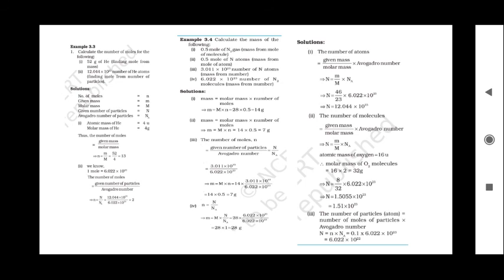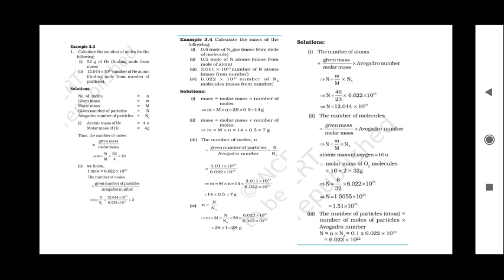Instead of asking for the number of moles, they may ask many other things. They may give the number of moles but ask you to calculate the mass. So depending upon the data, we have to reshuffle the formula and calculate. We'll go for the second example, where in the first sub question we have to calculate the mass of the following.